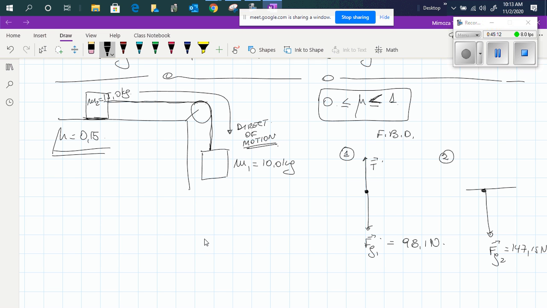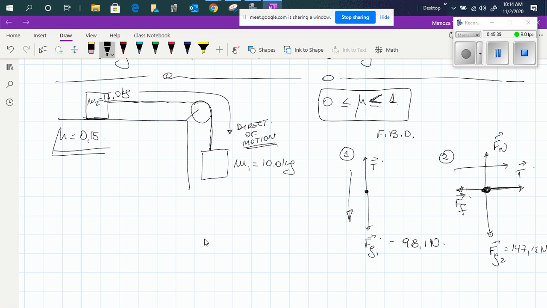And then since it is on the surface, we will have force normal as perpendicular to the surface. We will have a tension that is from the object along the string, and we will have a force of friction. Now this object is moving, object 1 is moving down, and object 2 is moving to the right.